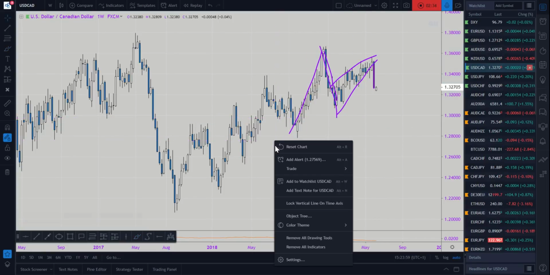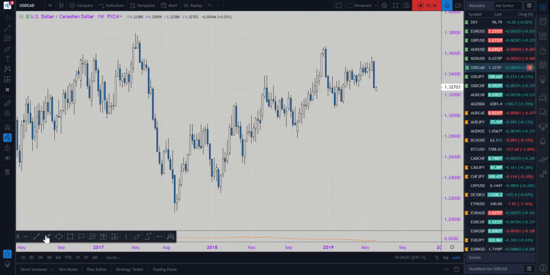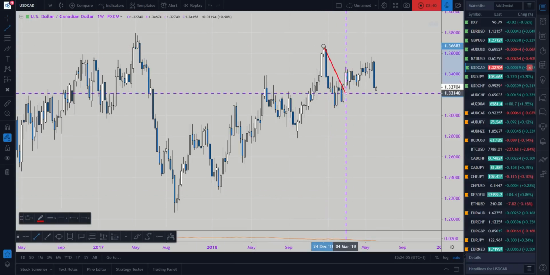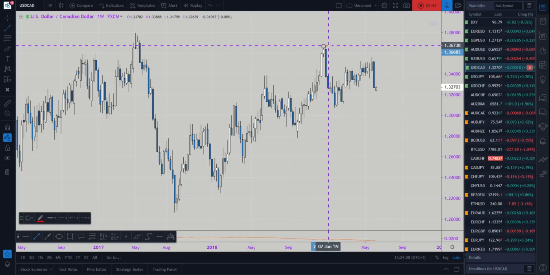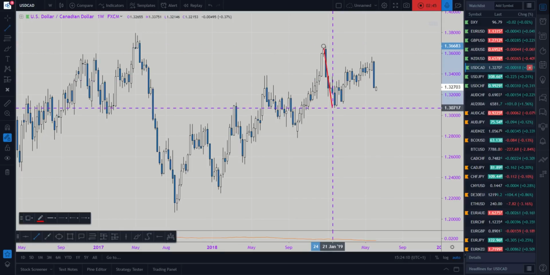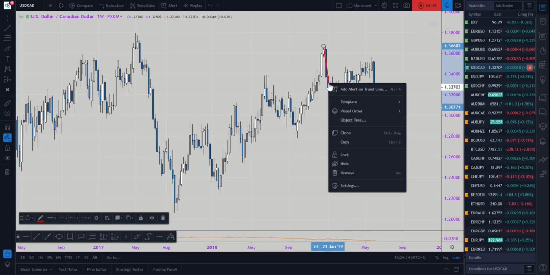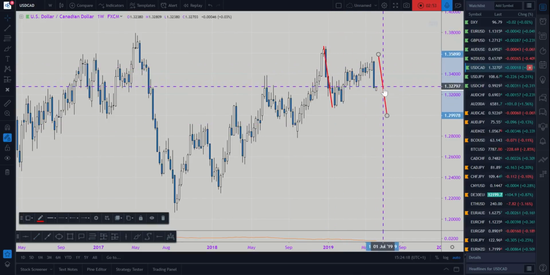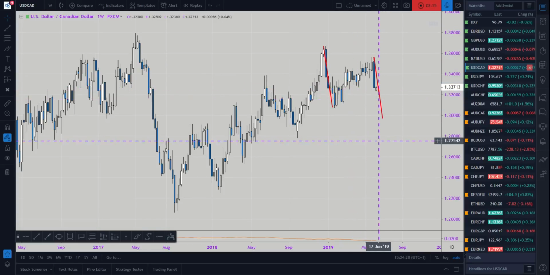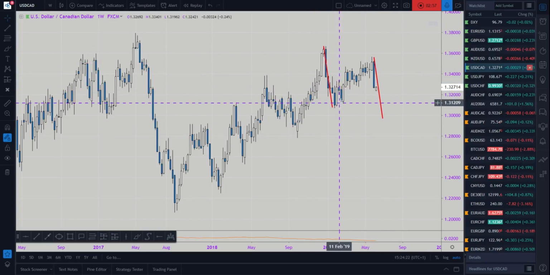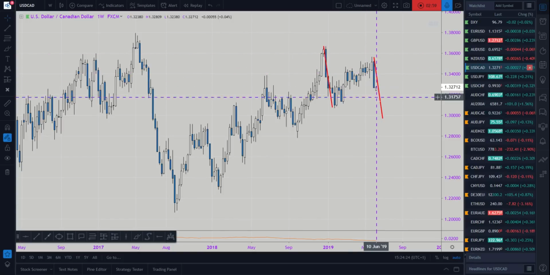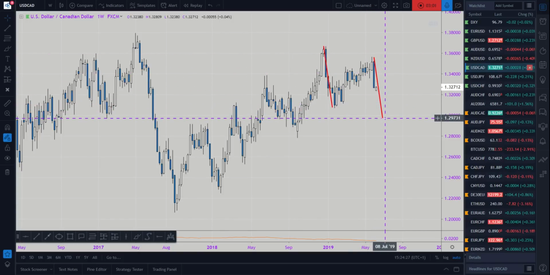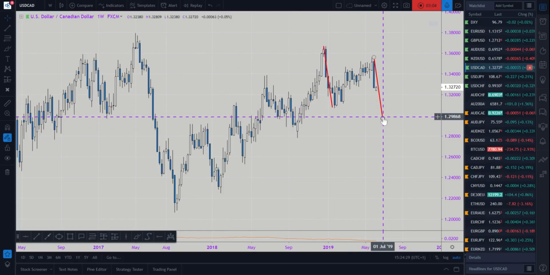Again, let's remove these drawing tools and add a little bit of context around it. So you had this impulse move from all the way up in the 1.3670s, down into the 1.3070s. I'm going to clone this up, add this to the recent high that was formed, and you can see that with that clone of that measured move, we could potentially expect the market to come down to at least that 1.3 level.